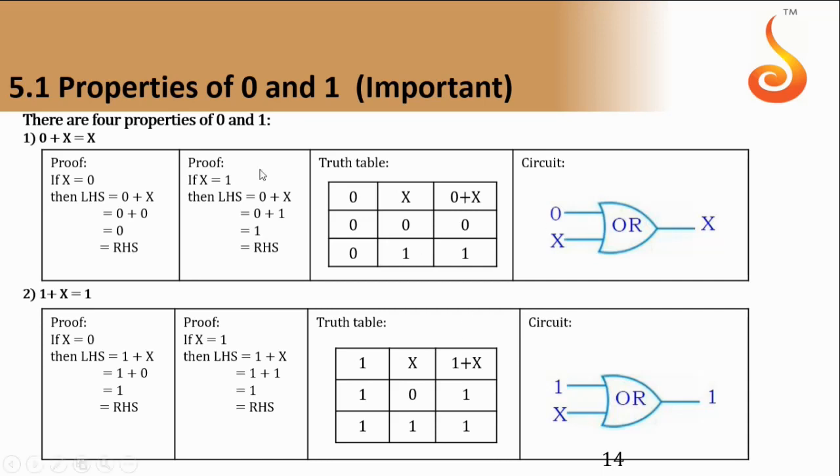Truth table. What are the two things here? 0 is not a variable over here. It's a constant, right? 0 cannot be a variable. 0 is 0 only. You cannot change 0 to something else. But x is a variable wherein x can take 2 values. Only one variable is there over here, so you have 2 raised to 1, that is 2 rows.